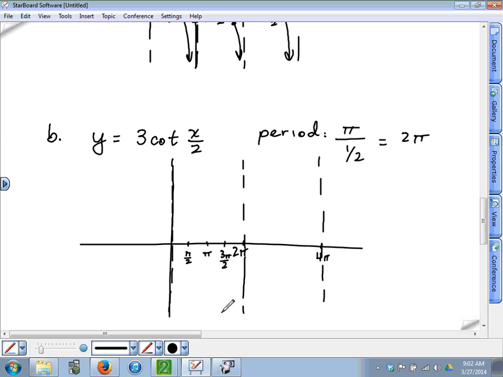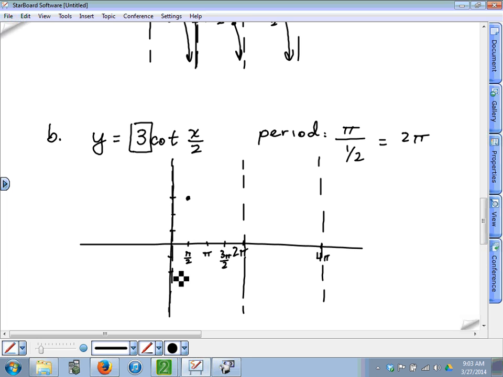and 3 pi halves. And now, even though cotangent nor tangent have amplitudes, you still make use of the 3. What does the 3 do to the graph? It's a vertical stretch, right? Usually halfway between, we just went up a distance of 1 and down 1. Now we just go up 3 and down 3 at those halfway points. So at pi halves, we're at a distance of 3.